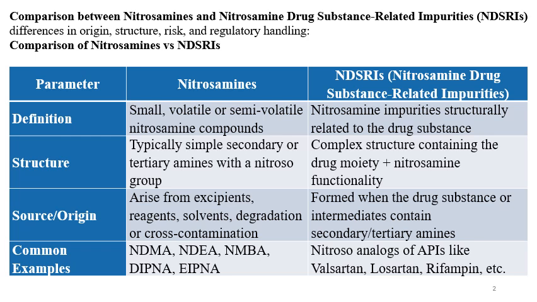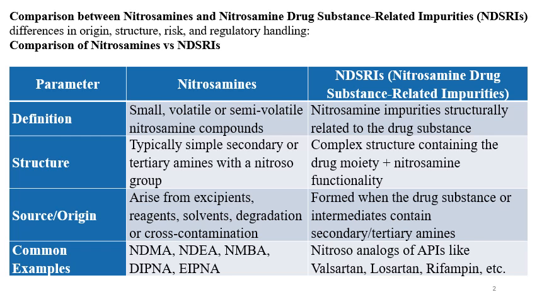So one thing should be clear to you: nitrosamines are small impurities and NDSRIs are bigger structure impurities. You can remember it like that, and these are related to the API structure.